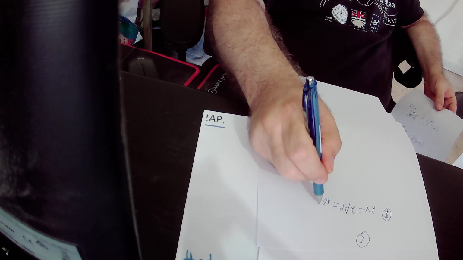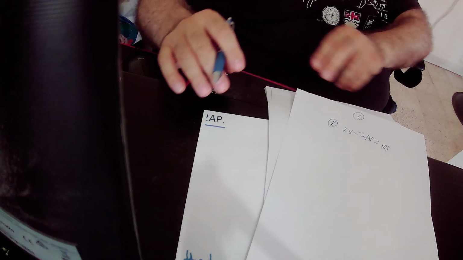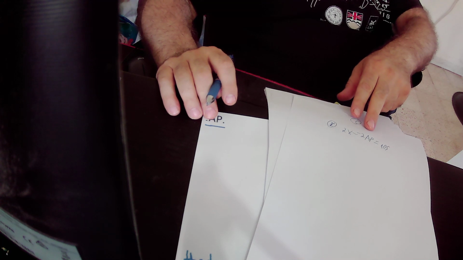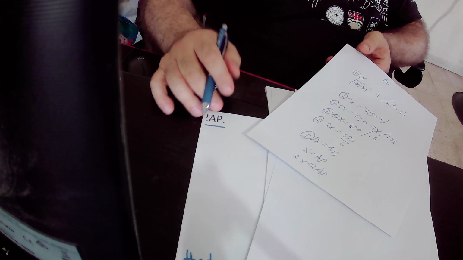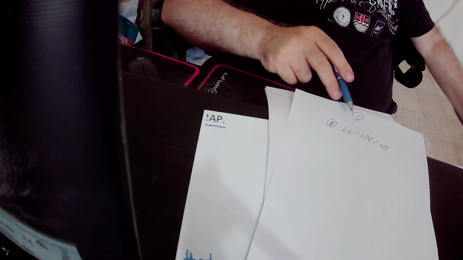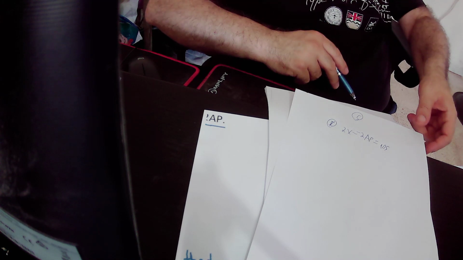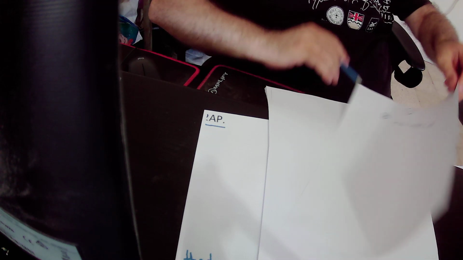So we got that 2x equals 2AP, but 2x also equals 105. So we can write that 2x equals 105, and that is to say 2AP equals 105.